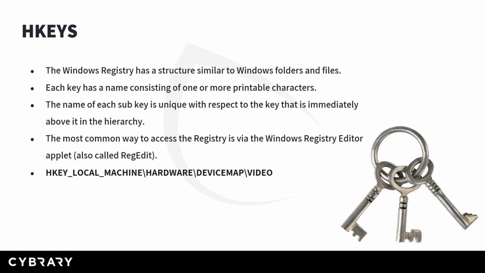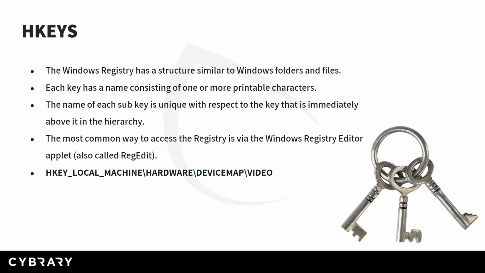The Windows registry has a structure similar to Windows folders and files. Each main folder is named as a hive. Each hive contains subfolders called keys. These keys contain subkeys with configuration values for each software or system component of the computer. Each key has a name consisting of one or more printable characters.